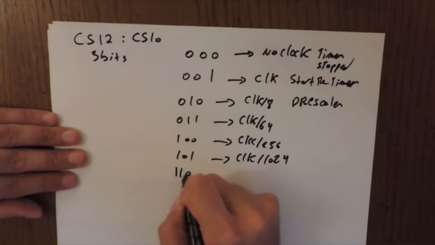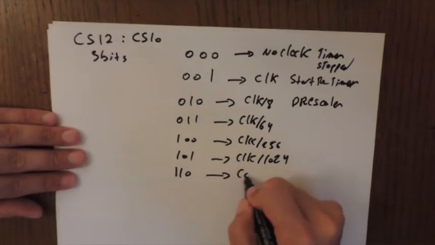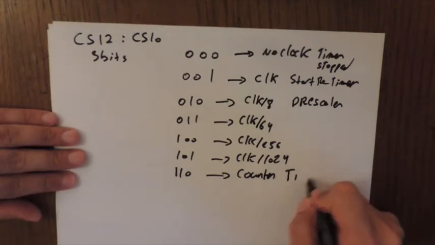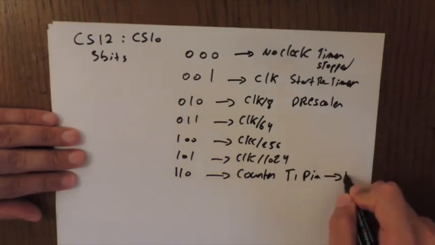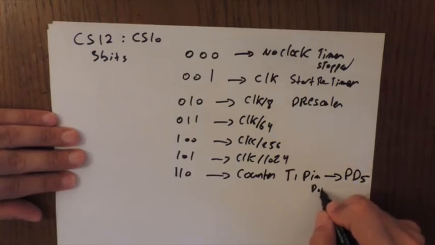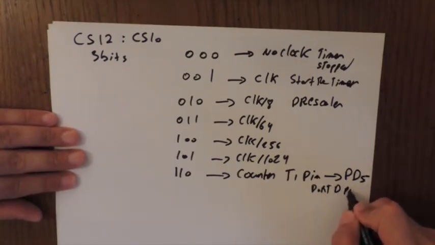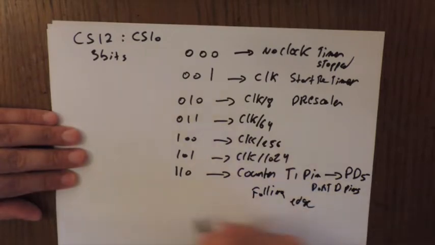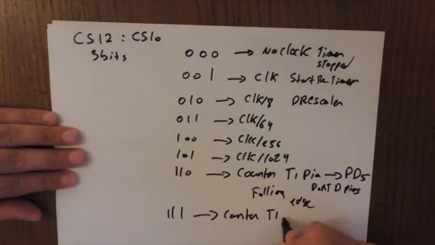If I feed it 110, it will act as a counter on a specific pin, which is the T1 pin, PD5, port D pin 5, on a falling edge. And 111 is a counter, also on the T1 pin, PD5, on a rising edge.